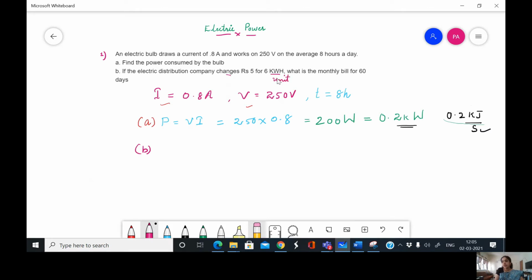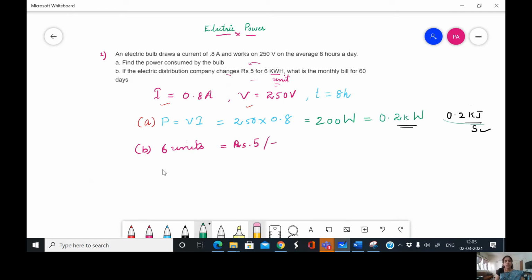So for 6 units of electrical energy, what is the cost that we have to give, or what bill does the company give us if we are consuming 6 units of energy? Rupees 5. So here I write 5 rupees for 6 units. Rupees 5 for 6 units.